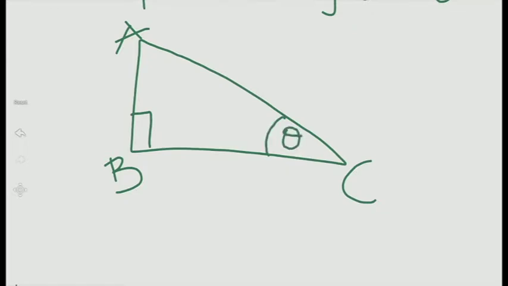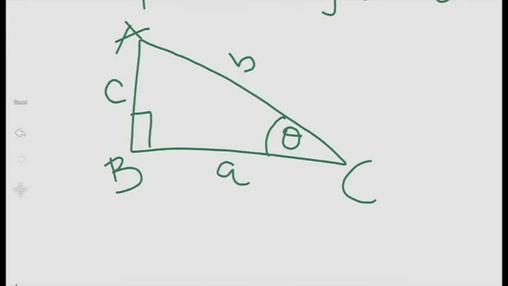Let's say angle C is theta. So we know that if this is angle A, then this is side A, we have side B, we have side C.